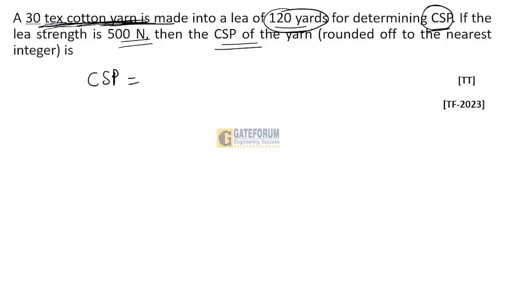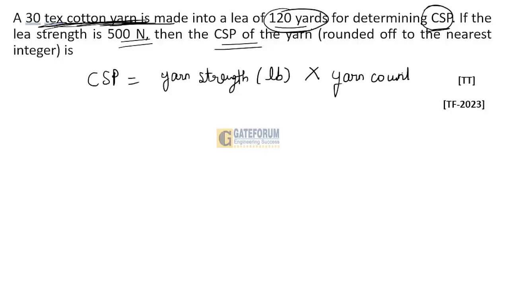You know that CSP, the count strength product, is basically the yarn strength in pounds into the yarn count in indirect count. So yarn strength in lb you have to calculate. It is given as 500 Newton.